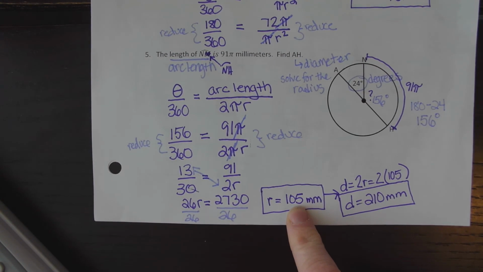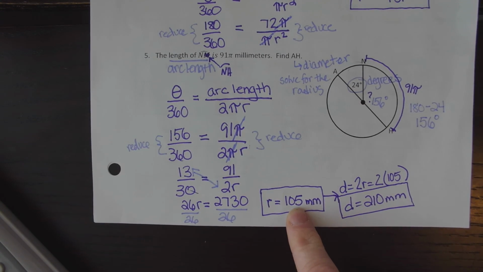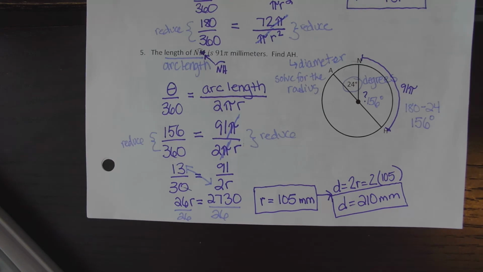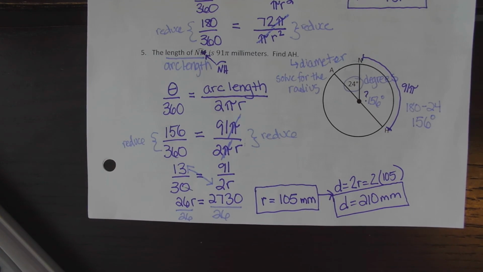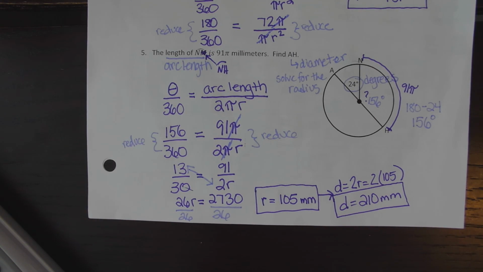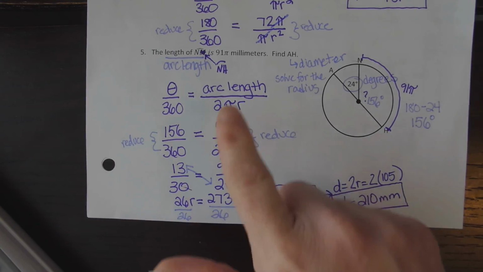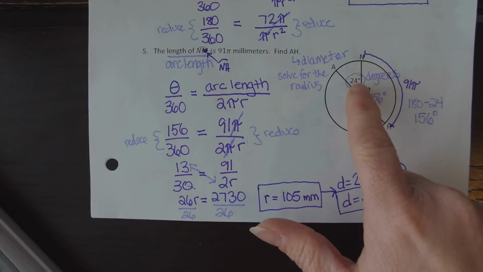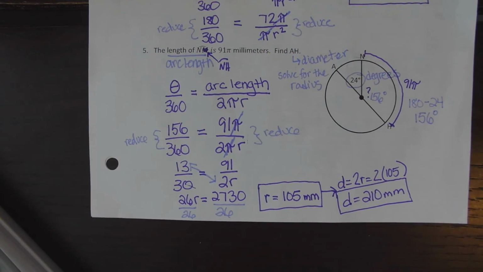And after I wrote the box, I remembered that we were solving for diameter. So diameter is equal to twice the radius. So I multiplied 105 by 2 to get 210. Make sure that you pay attention to where this is and which angle it matches up with. Just don't assume it would.